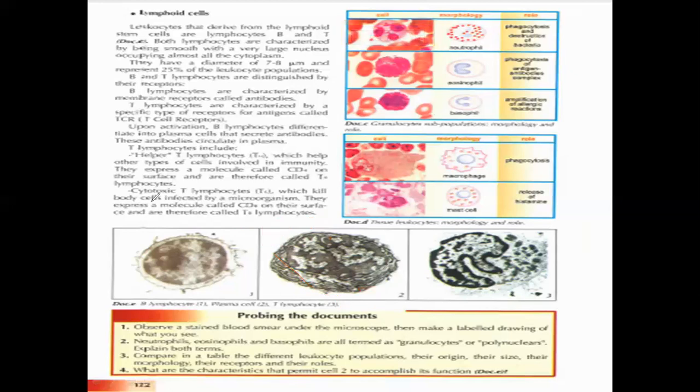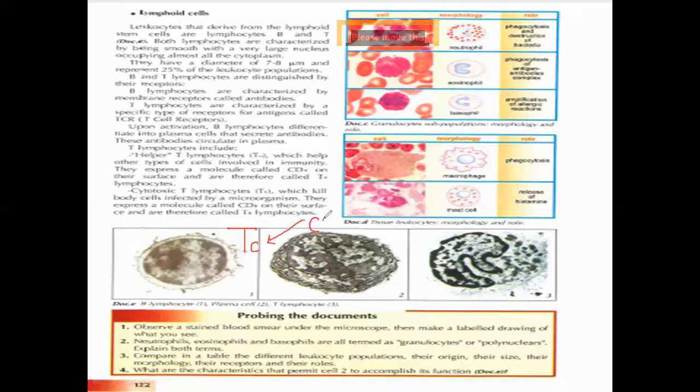However, the other type of cell is called the cytotoxic T cell. Cytotoxic T lymphocytes are given the symbol T and C here. So T cytotoxic or cytotoxic T lymphocytes. T cytotoxic means that they are toxic. They kill the body cells infected by microorganisms. They have a special molecule, CD8.